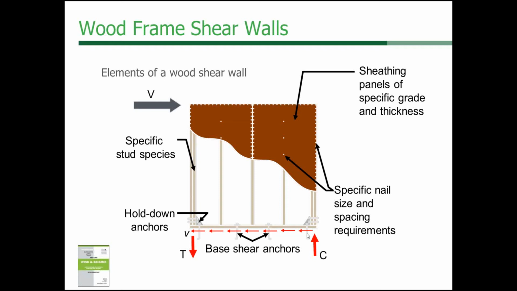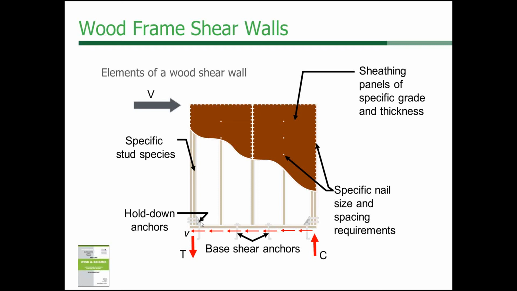Then at the bottom of the shear wall, we have the sill plate, and the panels are connected to the studs and the boundary members, and then they're also connected to the sill plate, which then eventually transfers the load to the anchor bolts that transfer the load to the foundation. And then also at each end of the shear wall we have the hold downs.